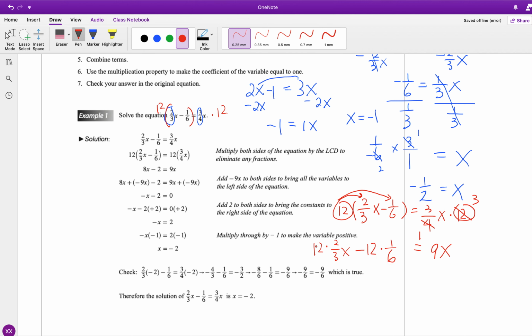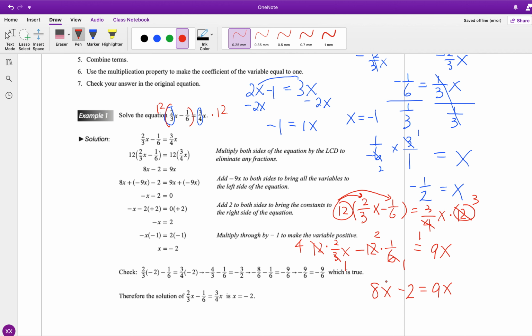This way now that's gone, and that is 4. This one's gone, that's 2. So then that becomes 4 multiplied by 2, which is 8. 8x subtract 2 equals 9x. Isn't this beautiful?